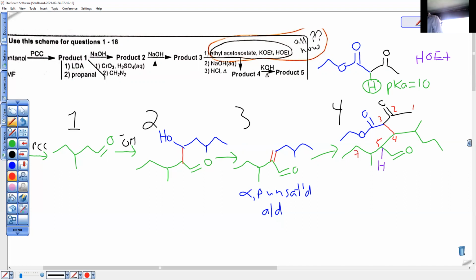And another question the same student asked is, how do I name that as a group? That being this functionality here, and yeah, it's a formyl group. Formyl is a nice group.